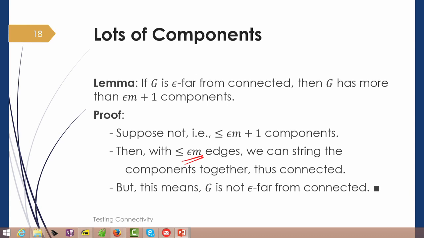But this would mean that the graph G is not epsilon far from connected, because epsilon far would mean that we require more than epsilon m edges for connectivity. So this establishes the contradiction that we are seeking, and therefore we can conclude the lemma.